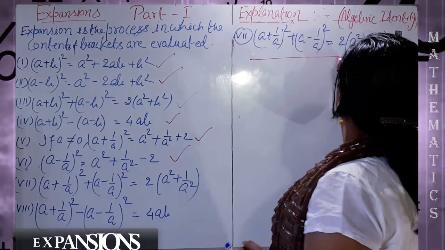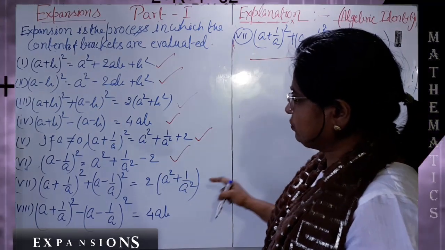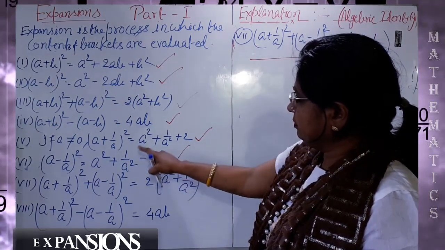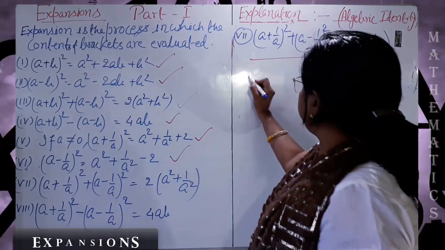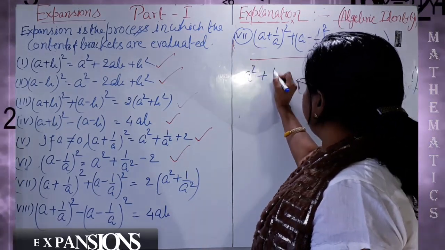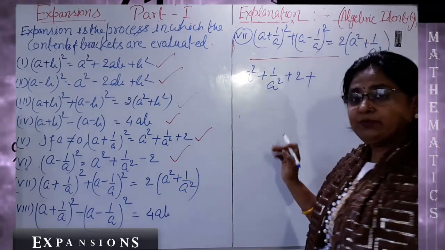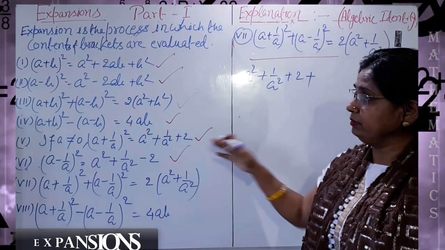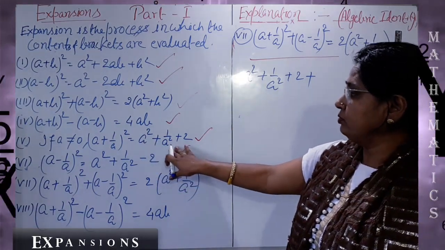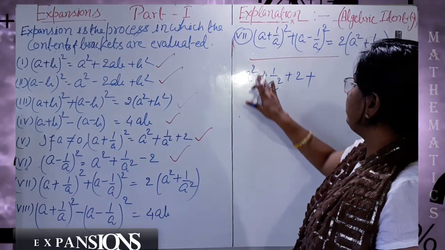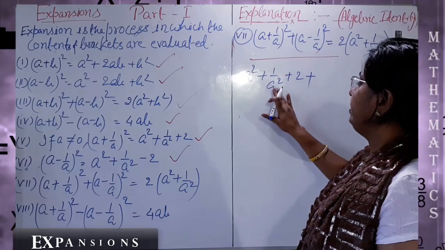To prove this one, a plus 1 by a whole square from the fifth equation: from fifth number we can write a square plus 1 by a square plus 2. As we have multiplied previously in fifth number, you can take the a square from there.